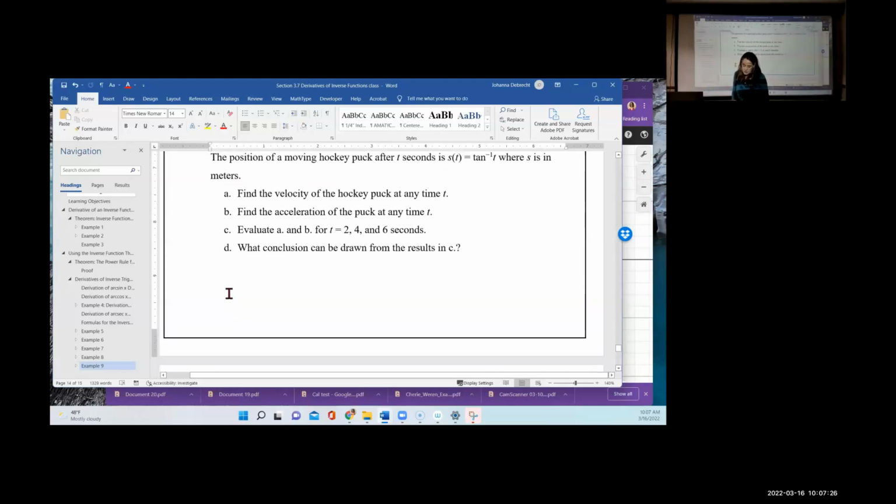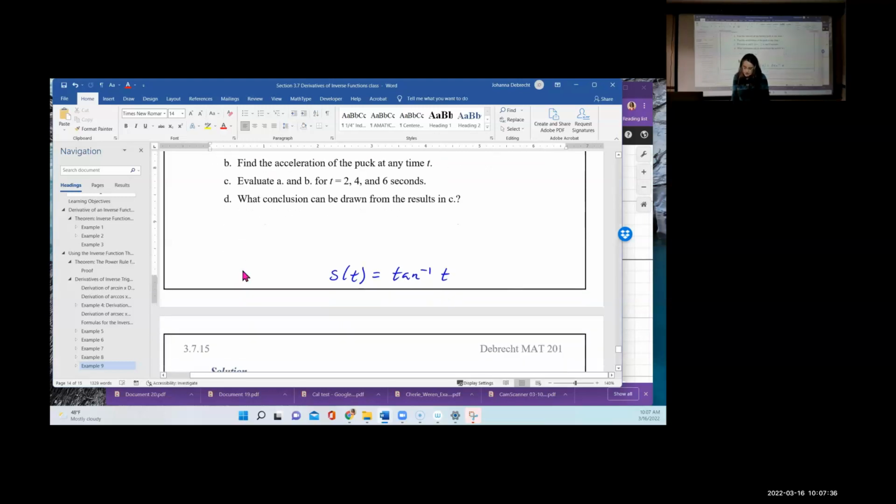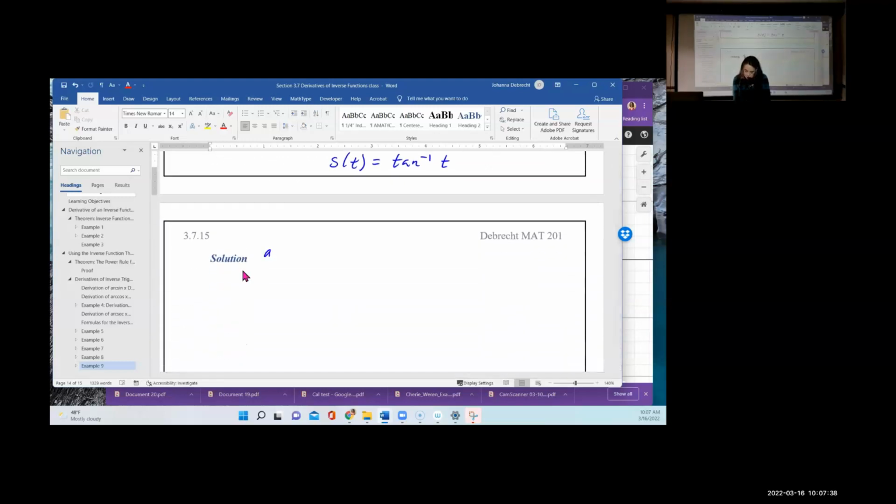Okay, so the first thing we want to do is take our formula for the position, which is s of t equals arctangent of t, and find the velocity. So the velocity, v of t, is equal to s prime of t. And remember, our formula for the derivative of arctangent is 1 over u squared plus 1 times du dx.